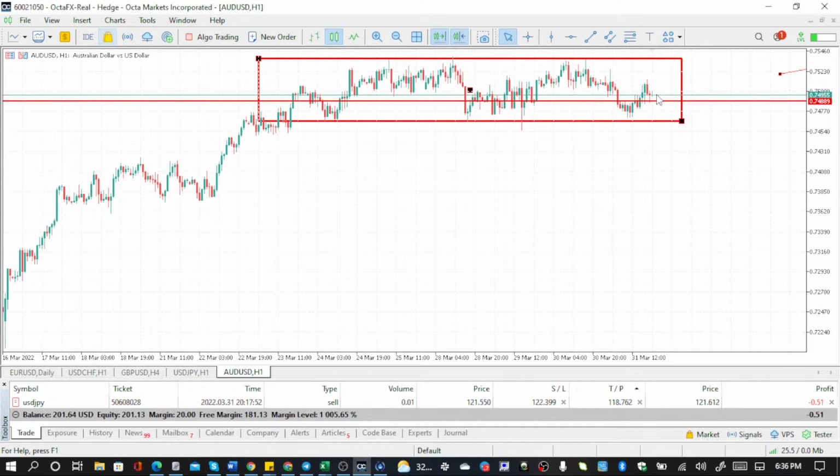So you want to wait for the market to get here and then you short, or the market to get here and then you buy. But the risk is that you don't know when the market would decide to break out at any time. So you might want to be patient for the price to break out of the consolidated market, then you determine your entry level.